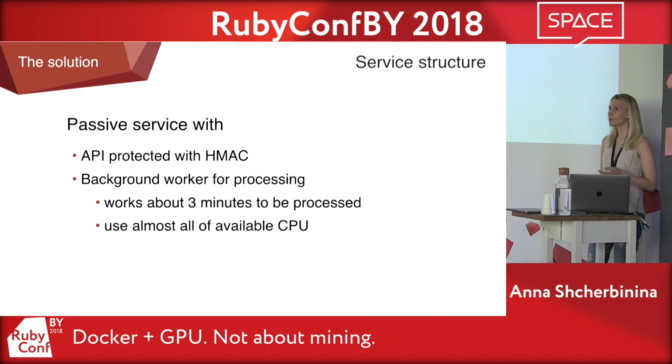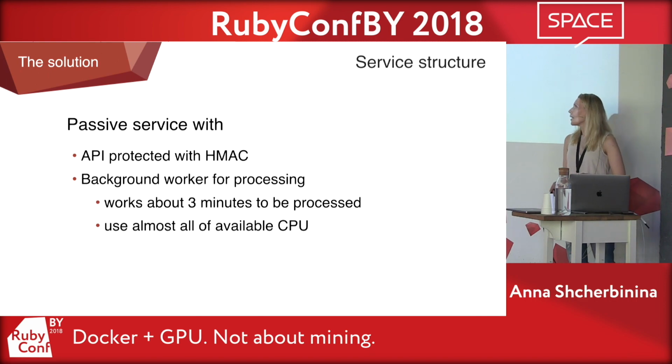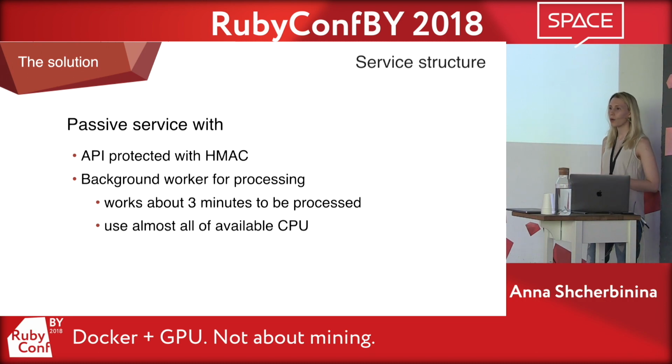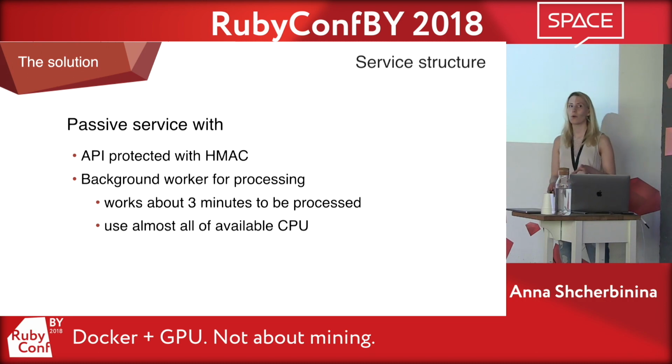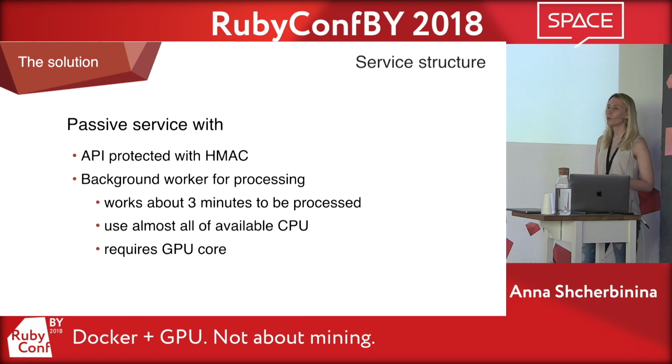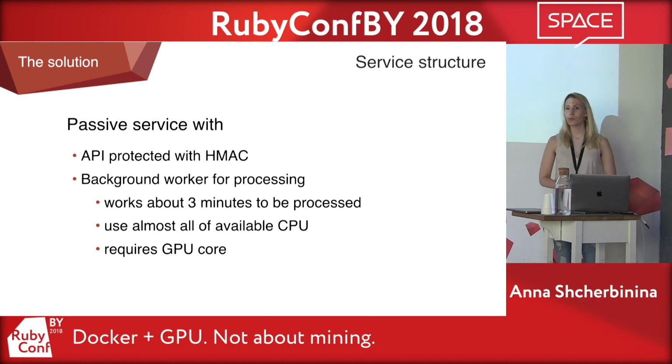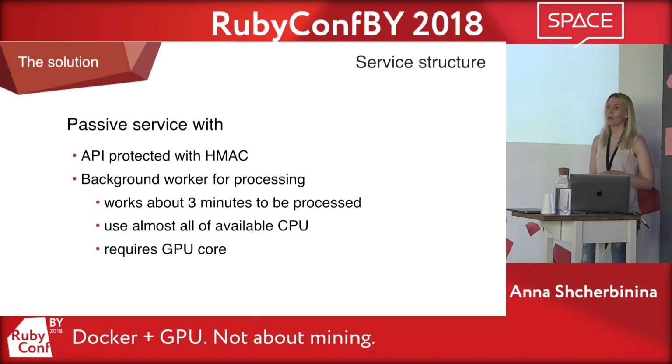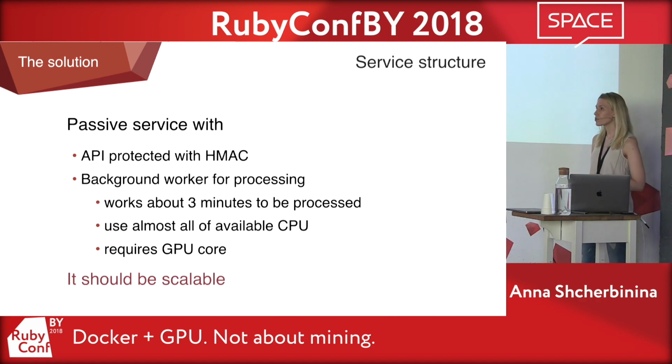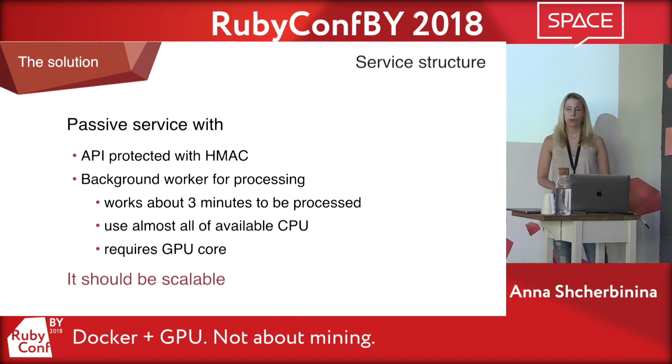Also, I've seen that the process of calculation utilizes almost all the CPU available on this instance. And finally, it requires at least one GPU core to complete the processing. So if I don't want to see the increasing queue, if I want to deliver my results on time, the solution should be scalable. I'm going to show you the final body measurement infrastructure.